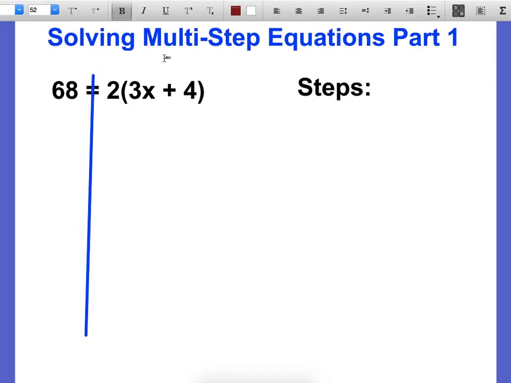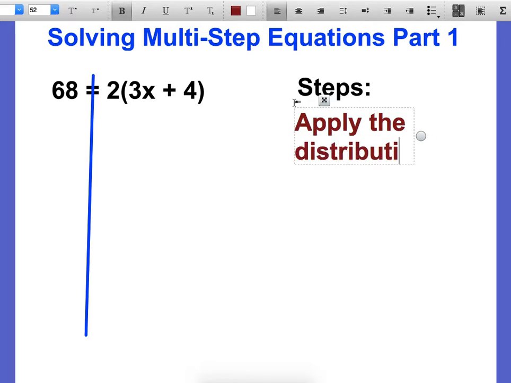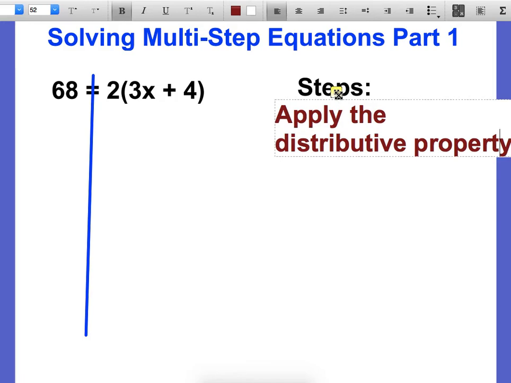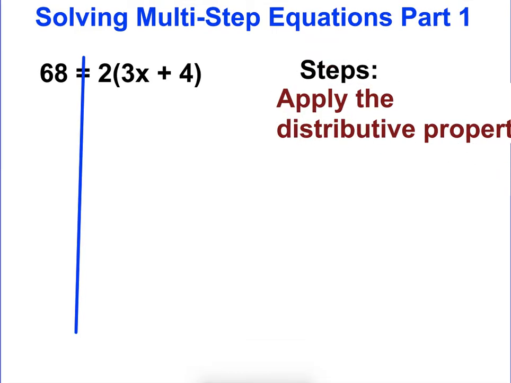Next, I'm going to look here and I see parentheses. So I'm going to apply the distributive property. Remember, based on where we look, it might say apply the distributive property, it might just say distribute. So we always have to be mindful of what's going on there and what it says.